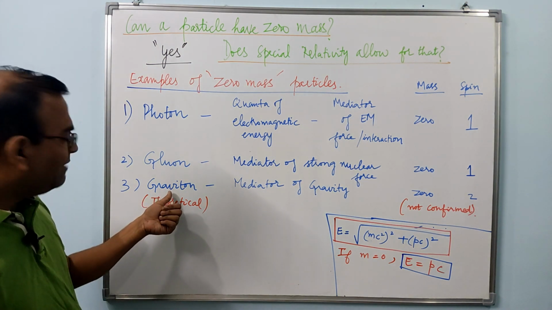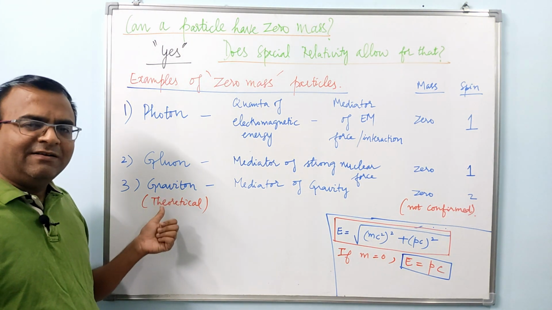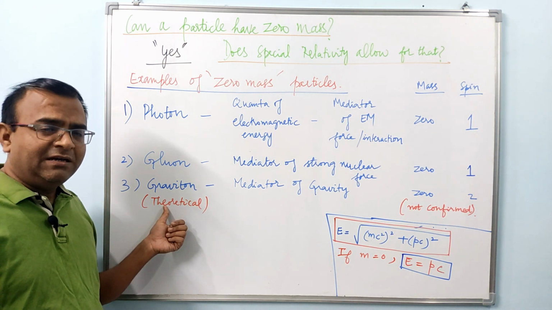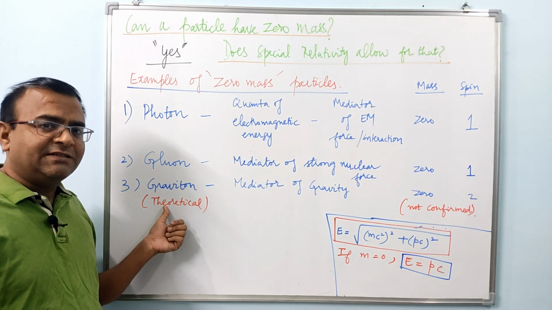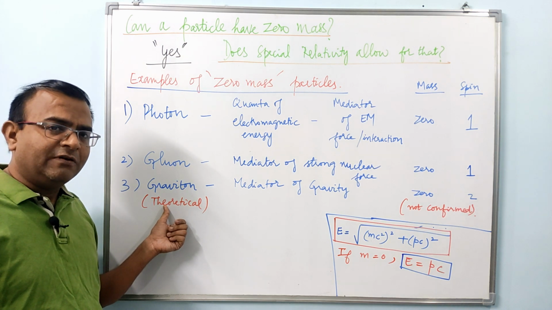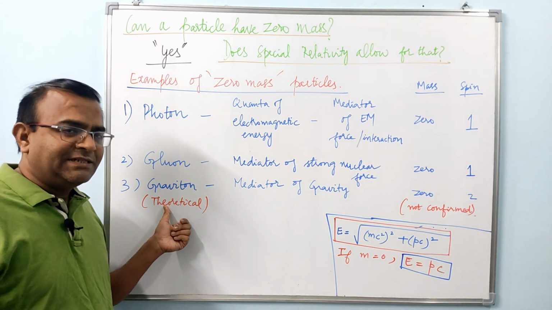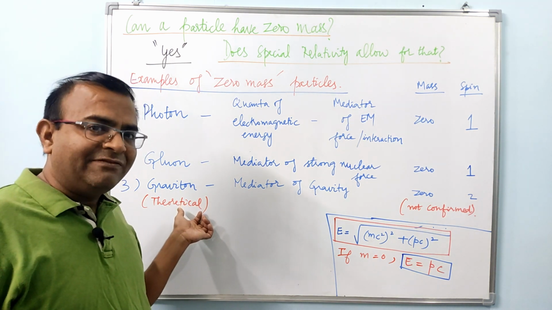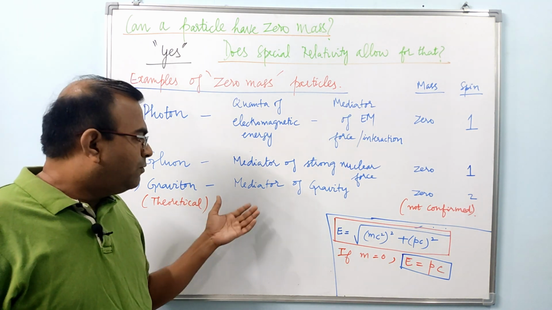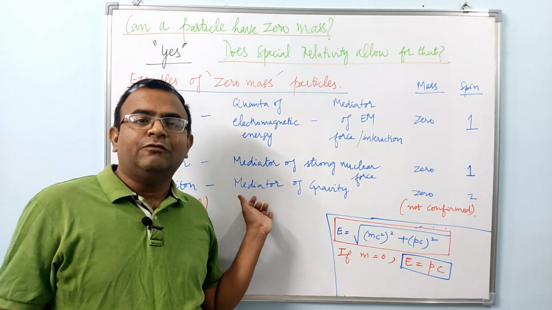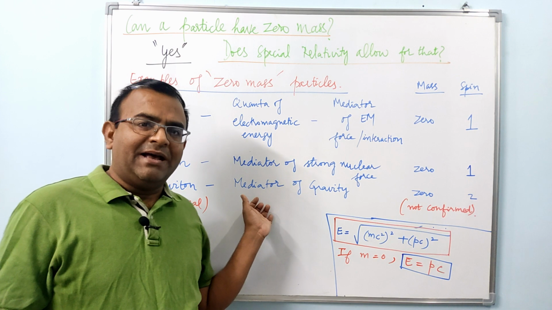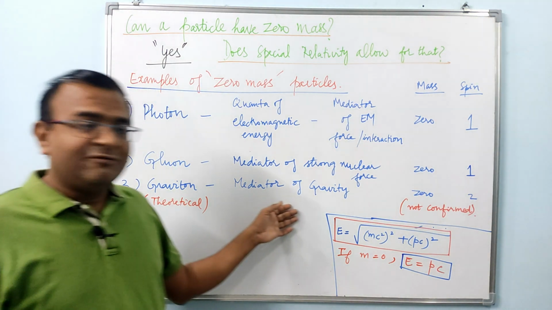And then our final particle is the graviton, which is right now not a confirmed particle. There are only theoretical speculations regarding the existence of graviton. If at all such a particle exists, a graviton, if experimentally confirmed, would be found to be the mediator of the gravitational force or gravitational interaction between objects with some mass, right? So it is mediator of gravity.